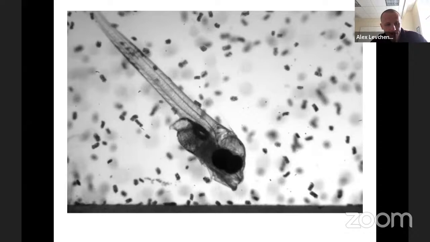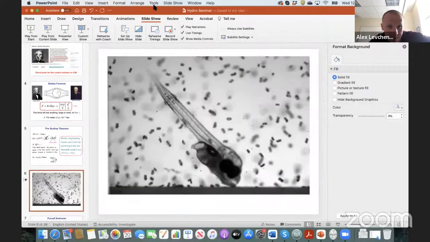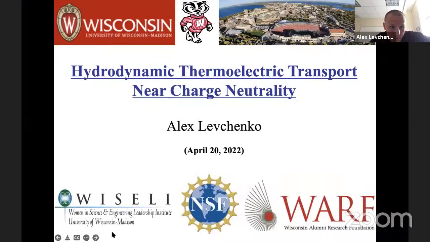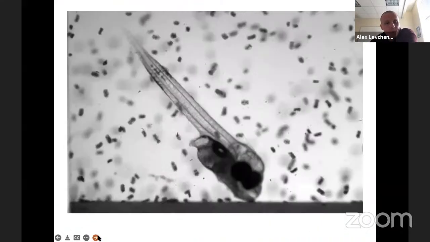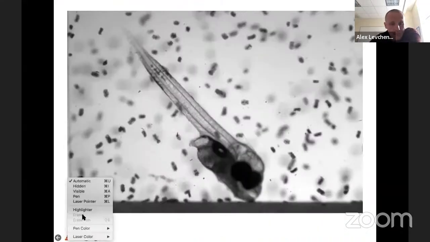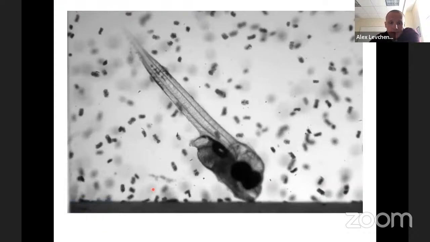This is an example of the Scallop theorem, that by simply repeating the motion you cannot swim, and this fish unfortunately couldn't figure out how to solve the Navier-Stokes equation.